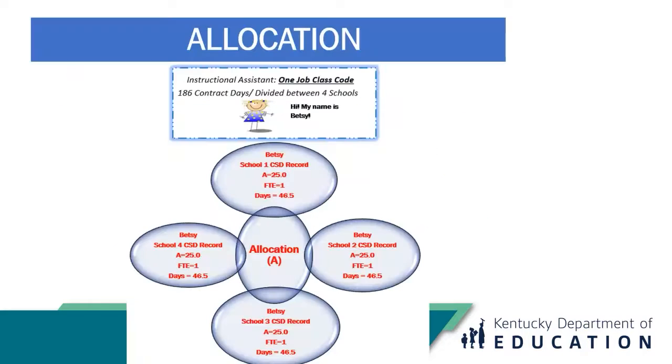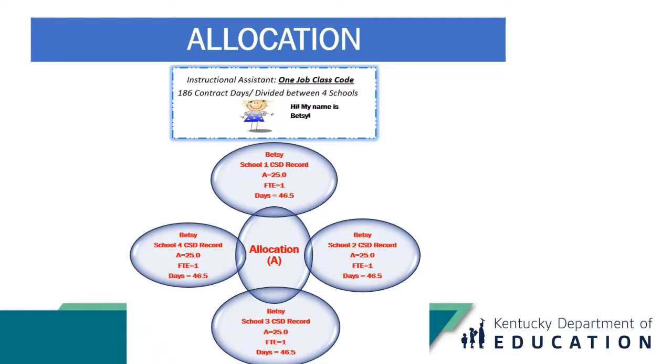So let me show you a graphic to give you an idea of how this breaks down. I know that this is an extremely large presentation, but hopefully this is going to be a good tool for you to use through this process, to look at graphics like this to better think these things through. Here we have Betsy, who is an instructional assistant. She has 1 job class code, and that's the important thing to remember. She has 186 contract days, but she is divided between 4 schools.